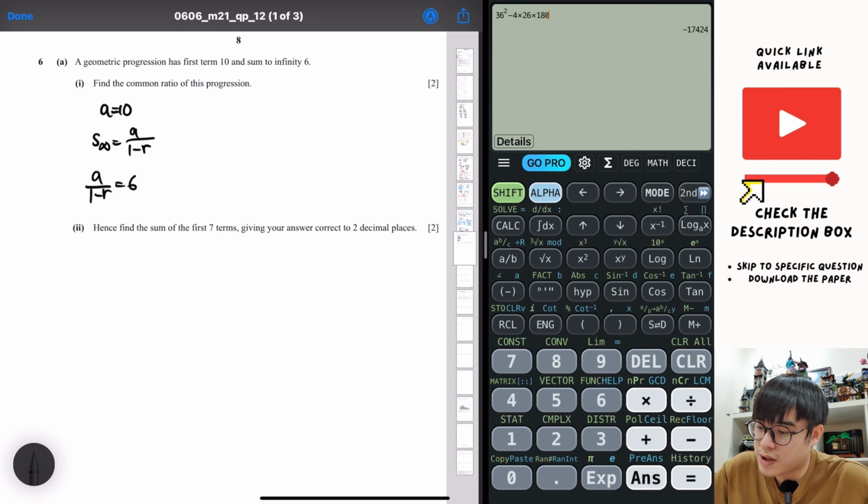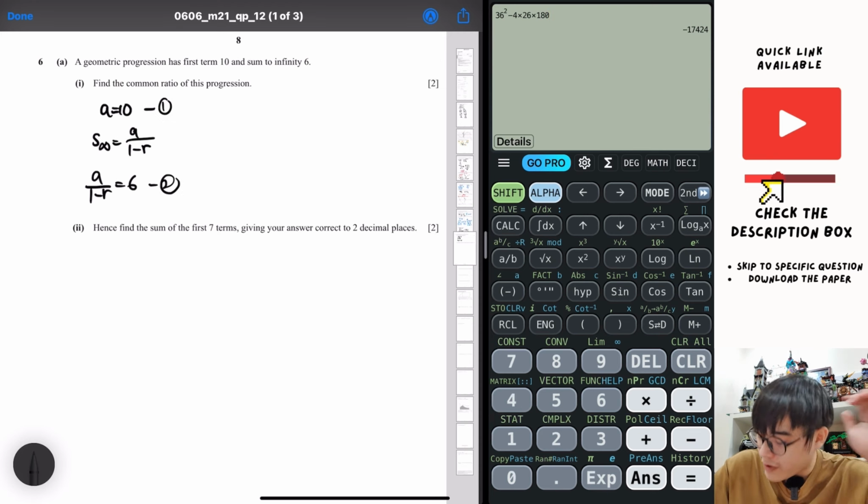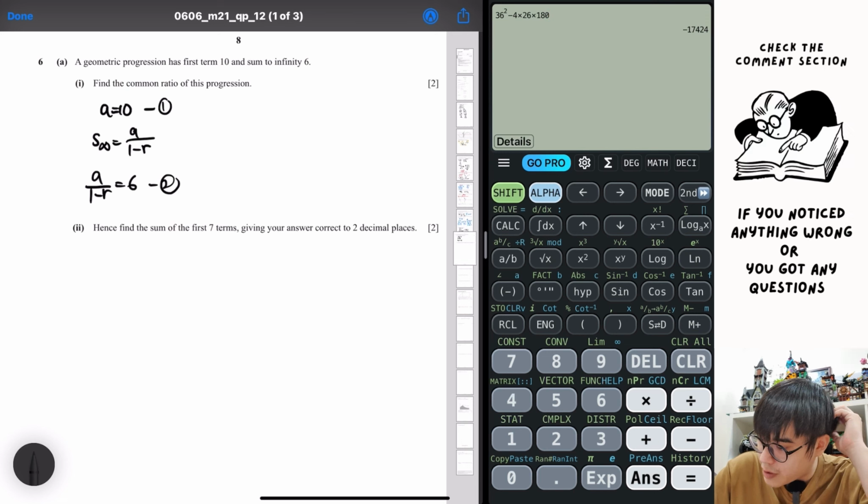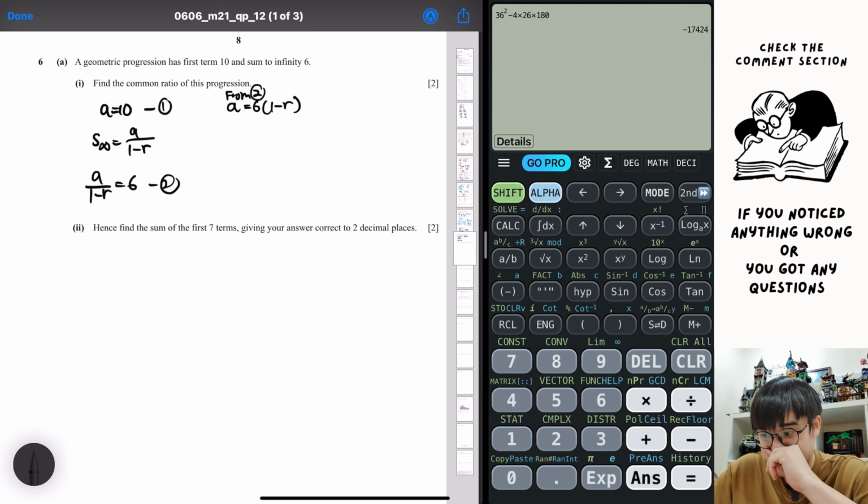This is your equation 1 and this is your equation 2. So to find the common ratio, I will be adjusting our equation 2 here. From 2, we actually get it as 6 times 1 minus r. So our a equals 10 into 3.